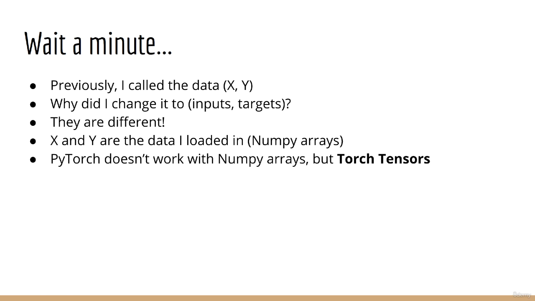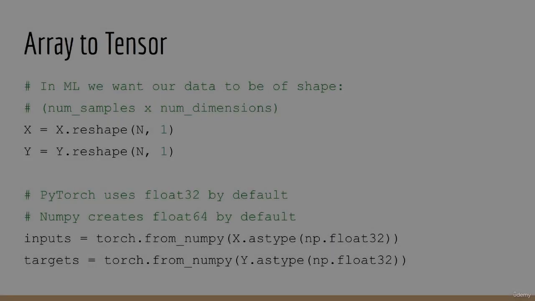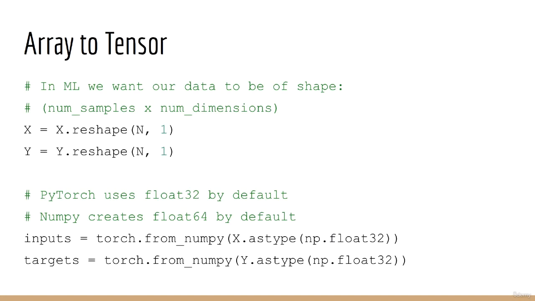Instead, PyTorch works with torch tensors. These are basically arrays, but they are special arrays that are part of the PyTorch library rather than the NumPy library, so they have some special functionality. So some conversion has to take place before you pass the data into your model. In the following example for simple linear regression, the steps are what you see here.